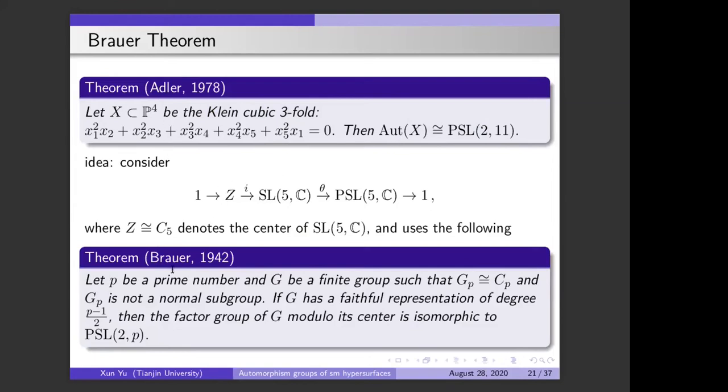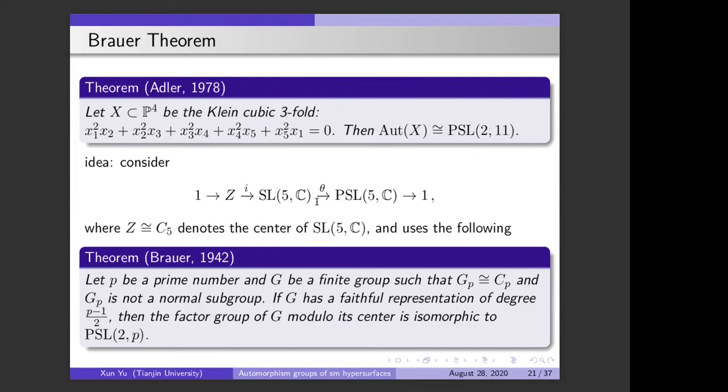So how did he do that? He used the following theorem of Brauer. If p is some prime number and G is a finite group such that the Sylow p-subgroup is just a cyclic group of order p, and the Sylow p-subgroup is not normal, then if G has some faithful representation in degree (p minus 1) divided by 2, then the quotient group of G modulo the center is isomorphic to PSL(2,p). In the Klein case, just apply p equals 11.